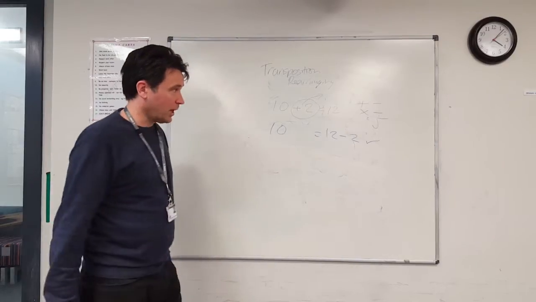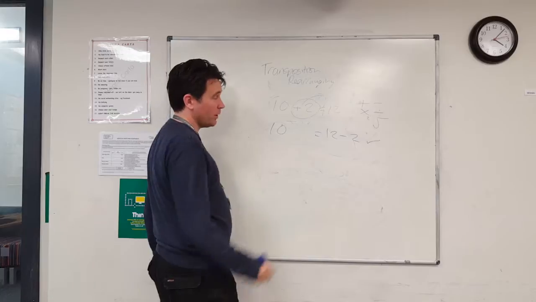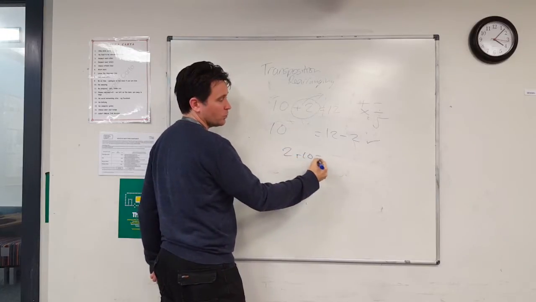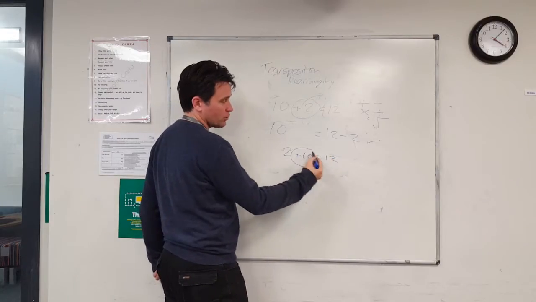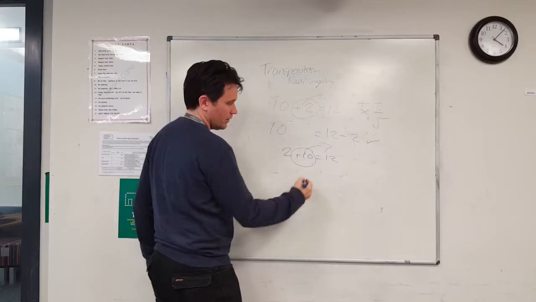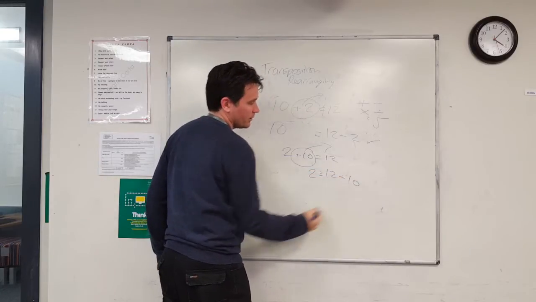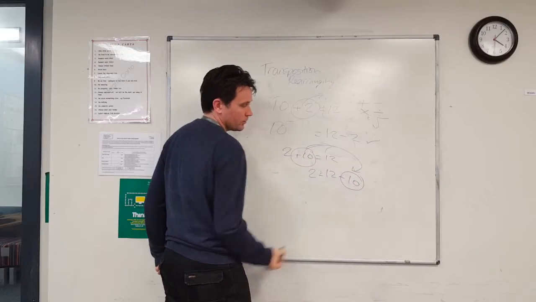You could also rewrite it another way around. 10 plus 2 equals 12; you could say 2 plus 10 equals 12. It's the same difference. You could take plus 10 across and you'd end up with 2 equals 12 minus 10. You see how that's changed to a minus?